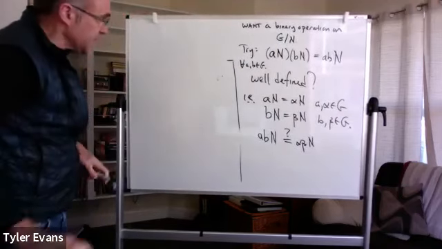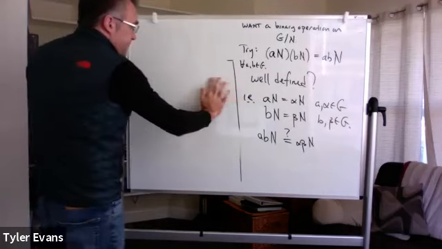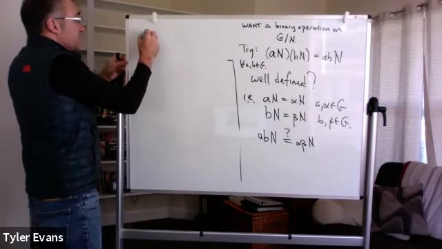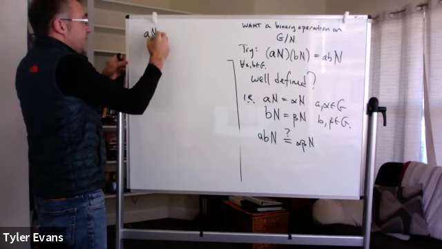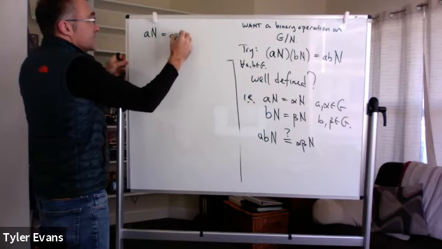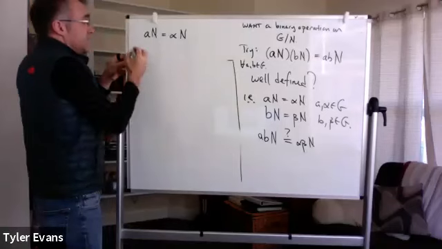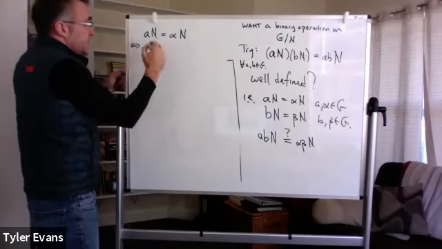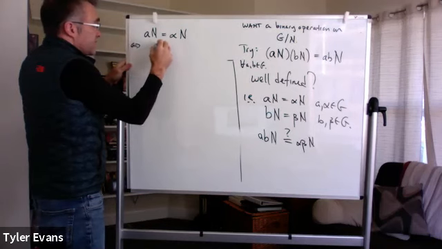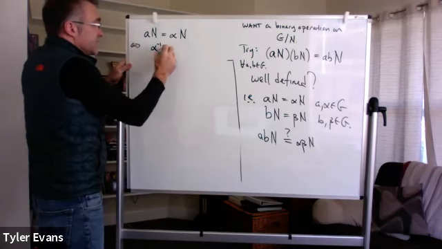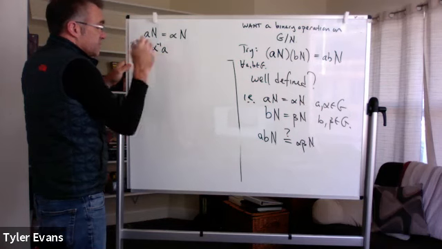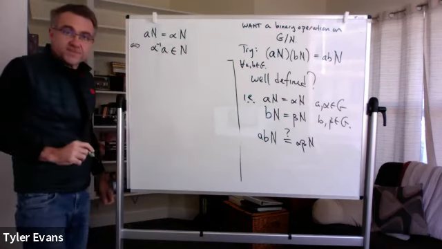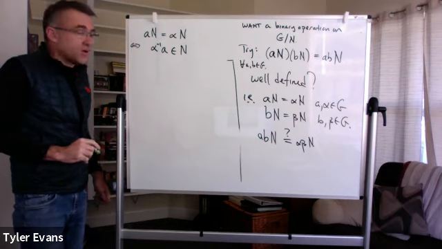The left coset containing A is the same as the left coset containing alpha. By the definition of coset equality, that means that the inverse of alpha times A, with the inverse on the left, belongs to that subgroup. That's the definition of coset equality, the equivalence relation.